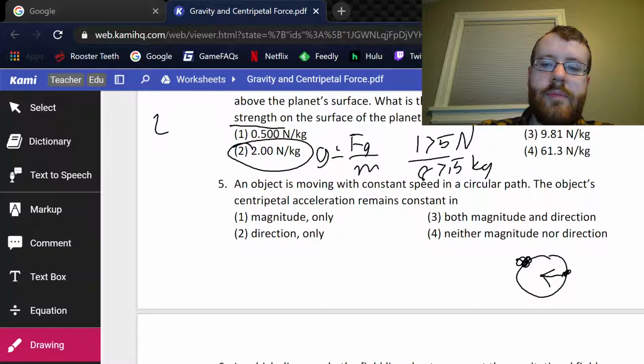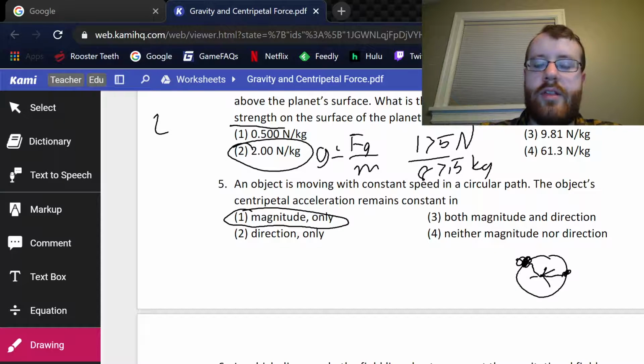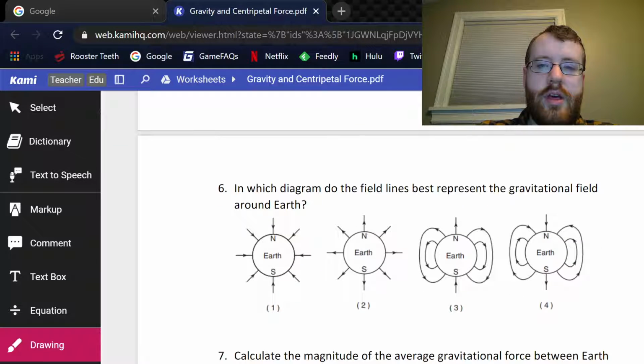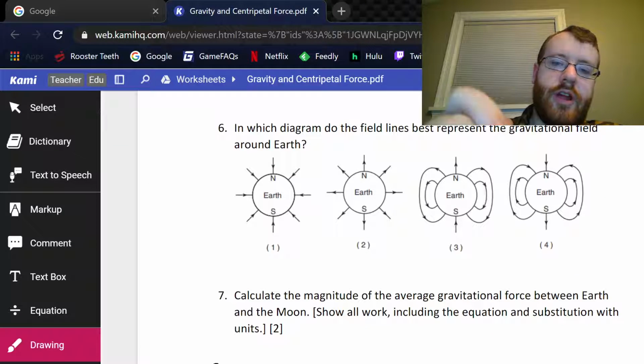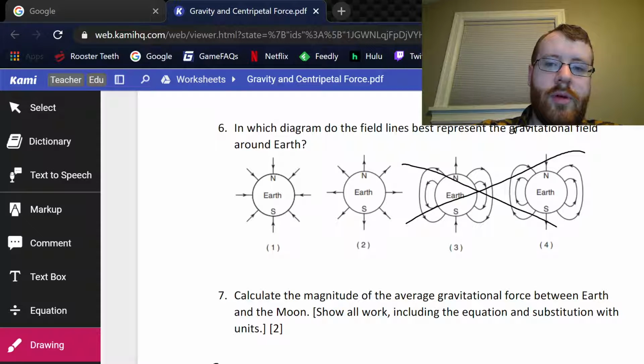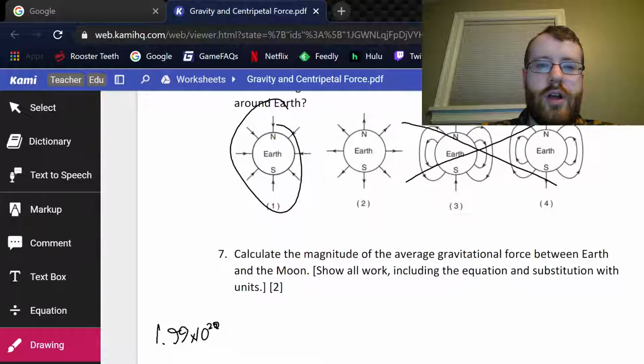If the object is up here, the acceleration is pointed down. So it's the magnitude only that is constant. The direction changes as it spins around, as it points towards the center. That's what centripetal means. Over here, these two are the magnetic field, which of course doesn't work out. We're just talking about gravitational around the Earth. No matter where you are, it simply points right towards the center.